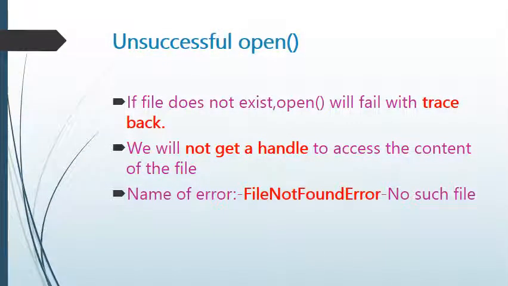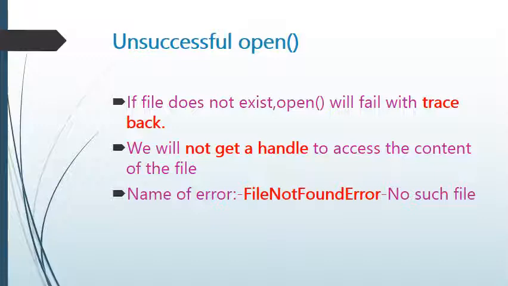Now we are going to see certain situations of unsuccessful file open. If the file does not exist in your system, the open function will fail with a traceback. That means your interpreter will give a detailed explanation about the unsuccessful file open, with the name of the error which occurred, in the shell mode.